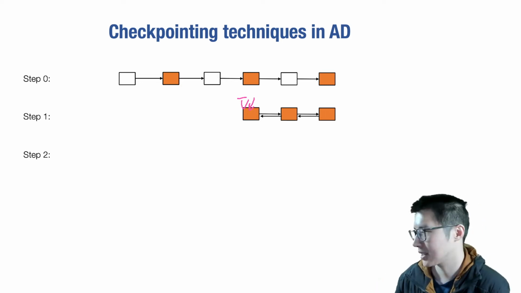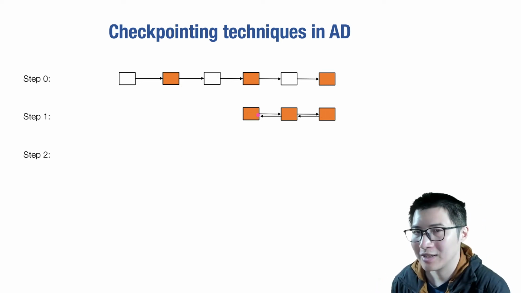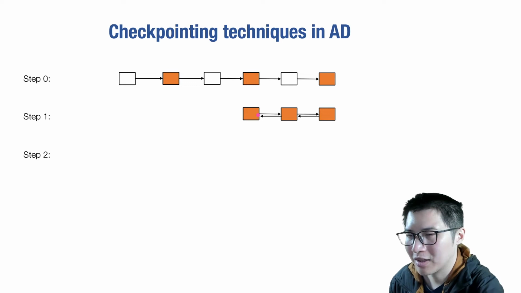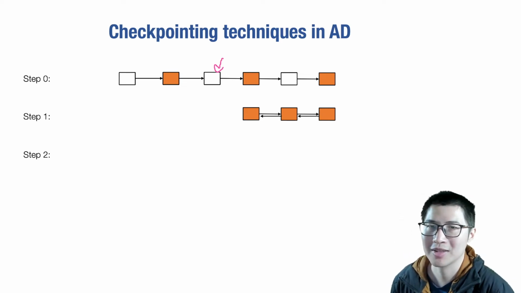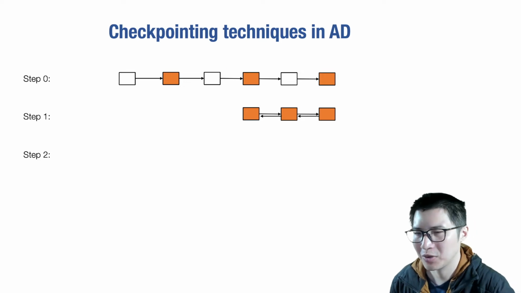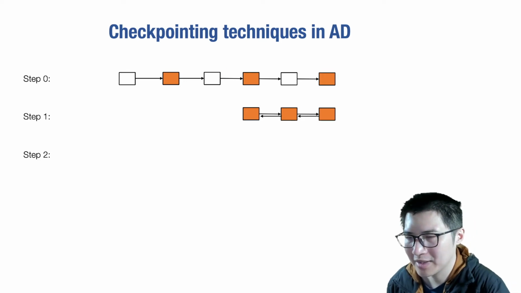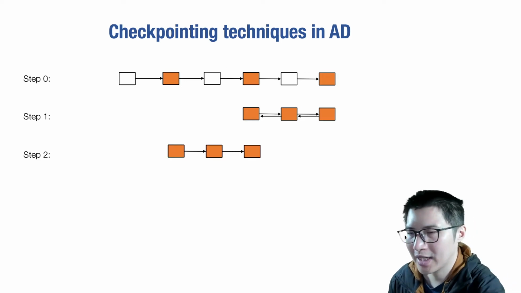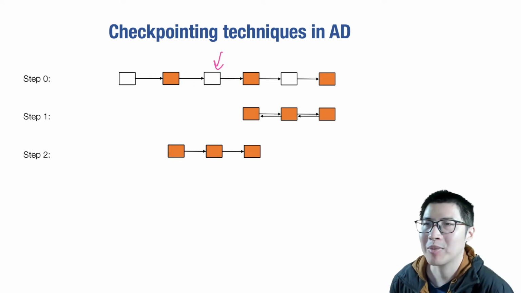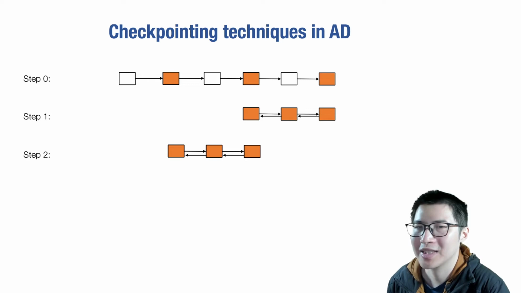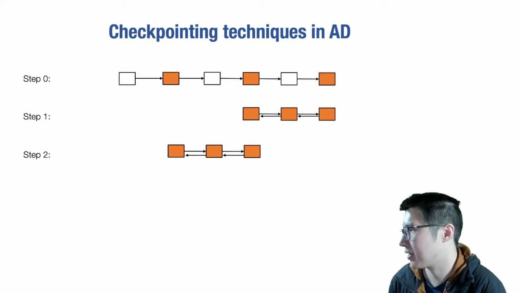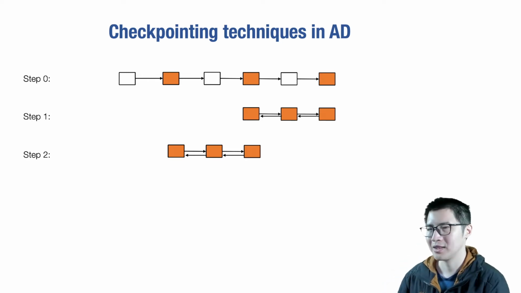And the same thing happens in here. We cannot directly do the computation because I don't know the value of this empty box in here. So what do we do? We will run the same forward computation again to fill in those empty boxes, and then we run the gradient computation. That will give me the adjoint value of each of the layers. Okay.